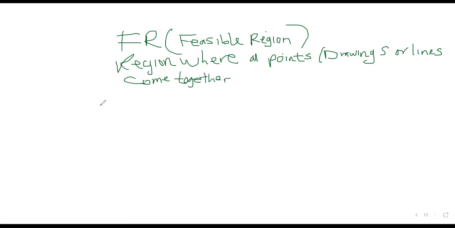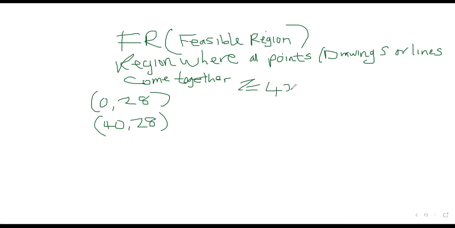So the first one is (0, 28). And of course, we have (40, 28). And then we have our Z is equal to 4x1 plus 16x2.